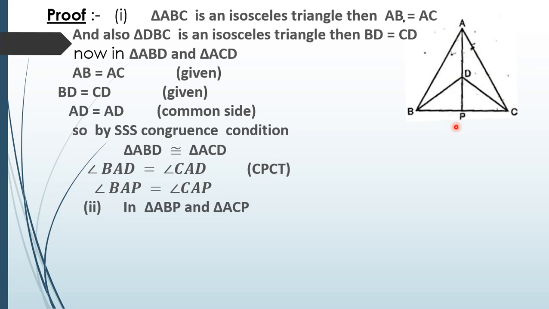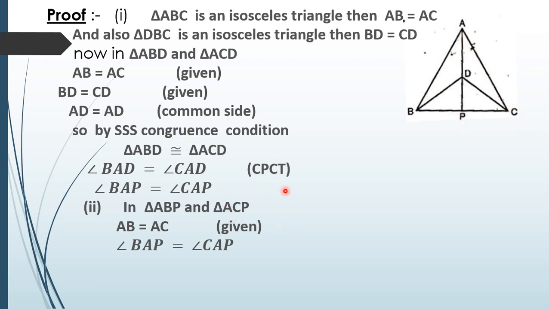Now, we have to prove the second point, triangle ABP is congruent to triangle ACP. For proving this, we compare the two triangles. First of all, side AB is equal to side AC. It is given. Angle BAP is equal to angle CAP.